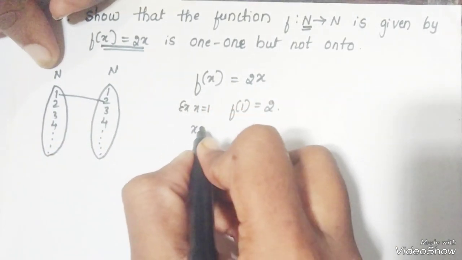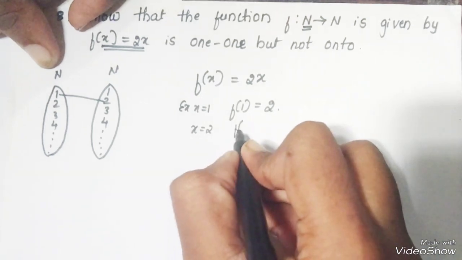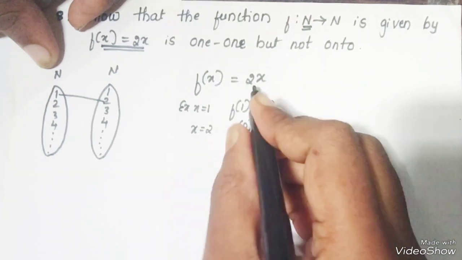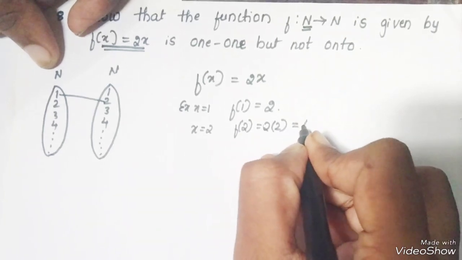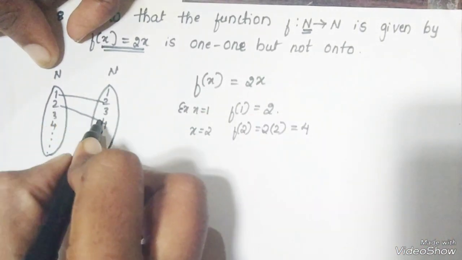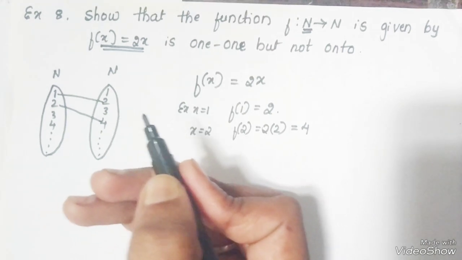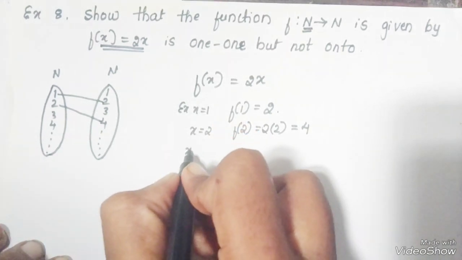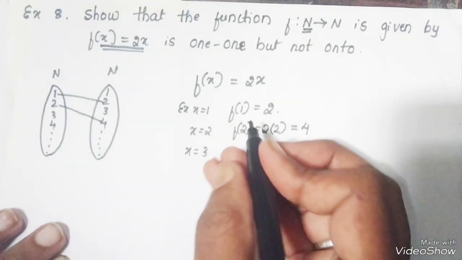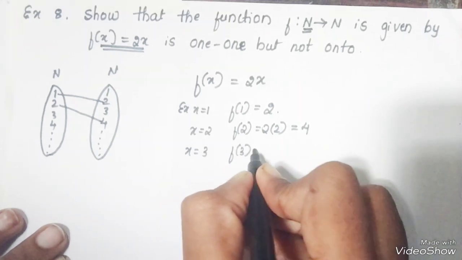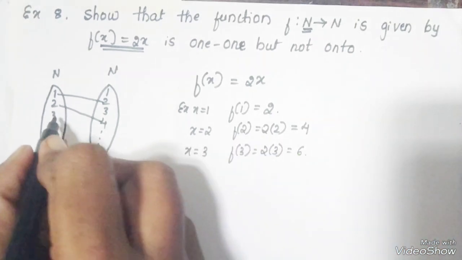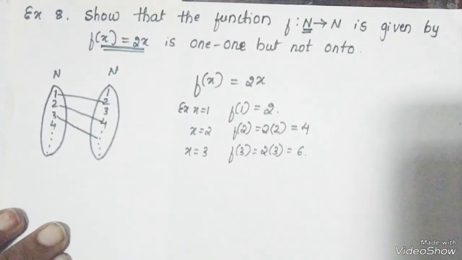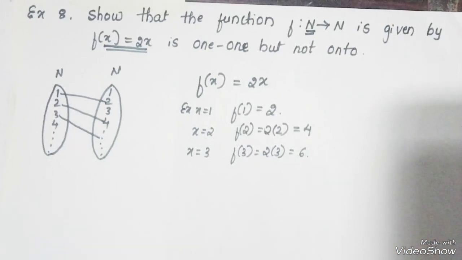Again, for x equals 2, f of 2 will be 2 into 2, which is 4. So 2 is related with 4. Again x equals 3: f of 3 will be 2 into 3, that is 6. Actually, our answer will be done here.